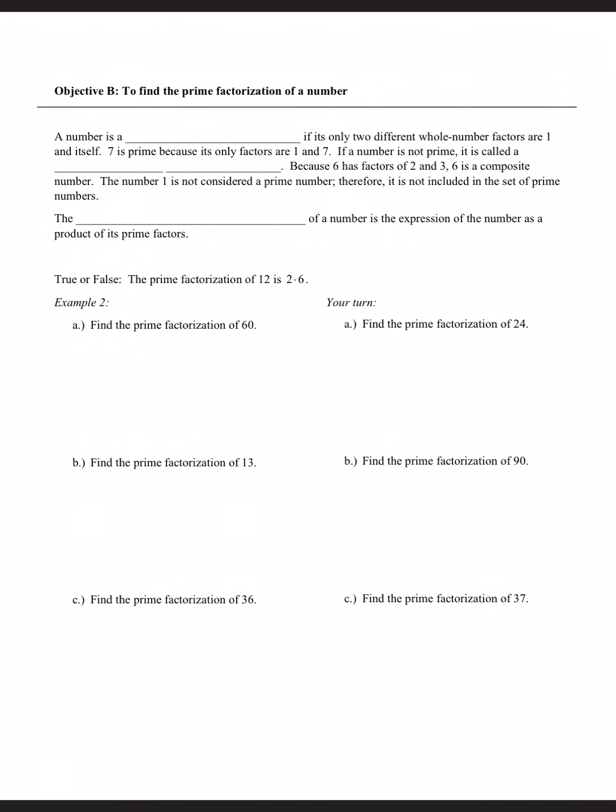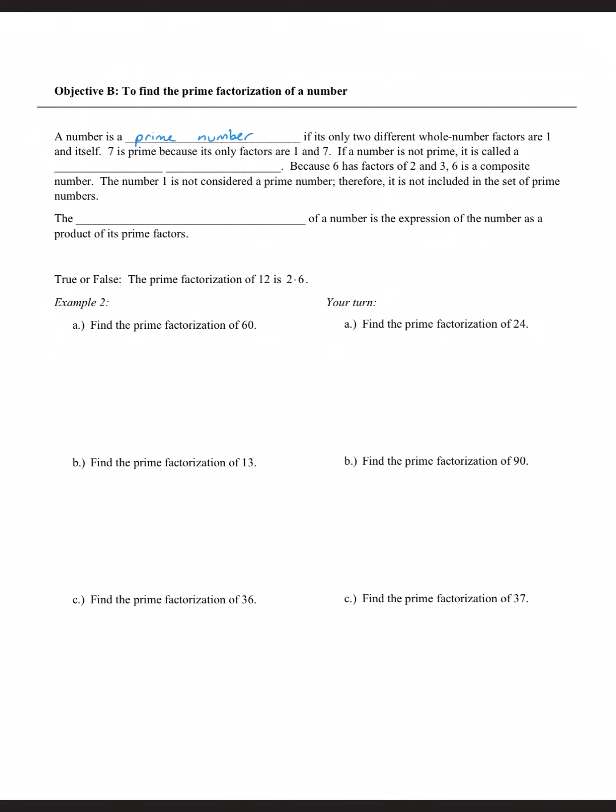Objective B is to find the prime factorization of a number. A number is going to be a prime number if its only two different whole number factors are 1 and itself. For example, 7 is a prime number because its only factors are 1 and 7.